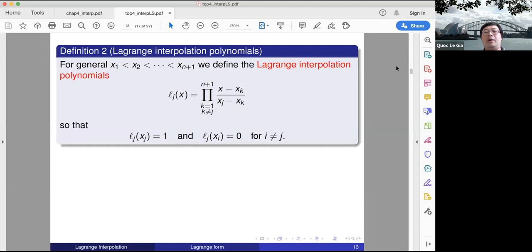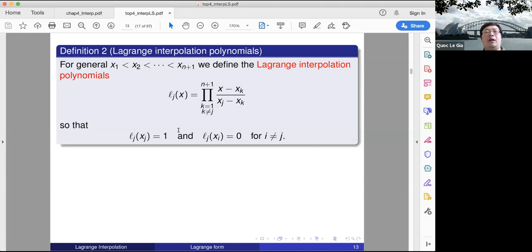The Lagrange interpolation polynomial is a polynomial of this form, which can be written in a general form like this. Lj is a product of x minus xk, with k different from j, in the numerator, and the denominator is just a product of xj minus xk. Remember, k different from j.